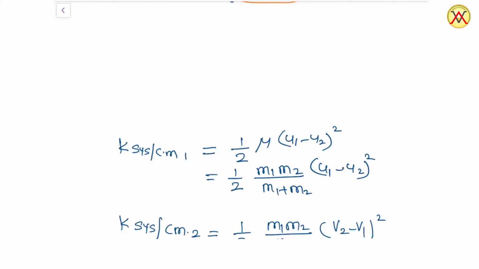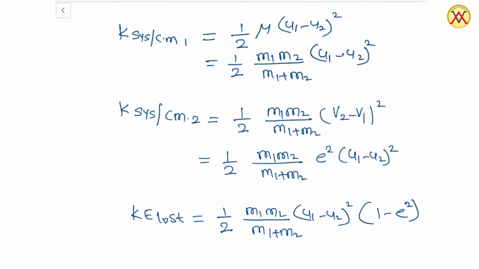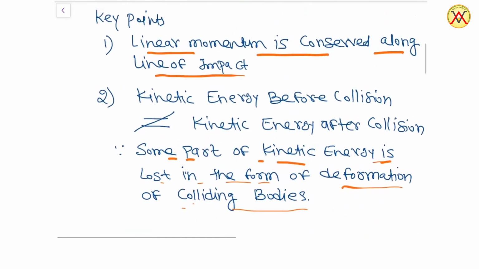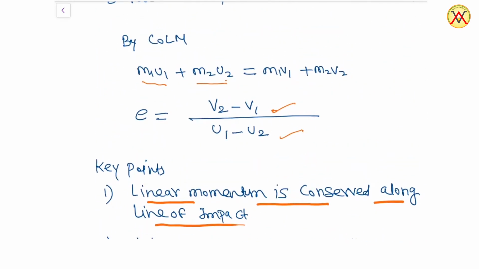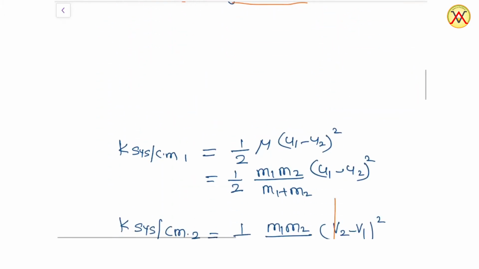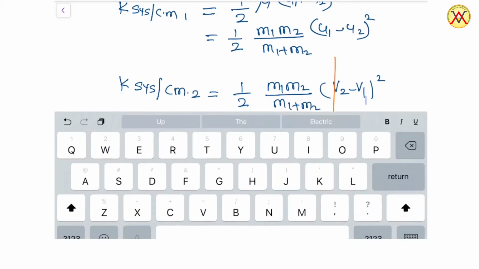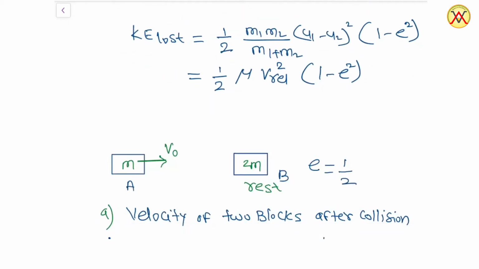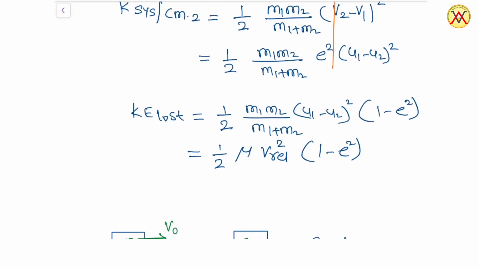The kinetic energy after collision with respect to the center of mass is half m1 m2 upon m1 plus m2 into (v2 minus v1) squared. Since v2 minus v1 equals E times (u1 minus u2), (v2 minus v1) squared equals E squared into (u1 minus u2) squared.